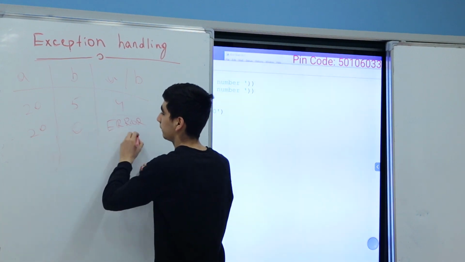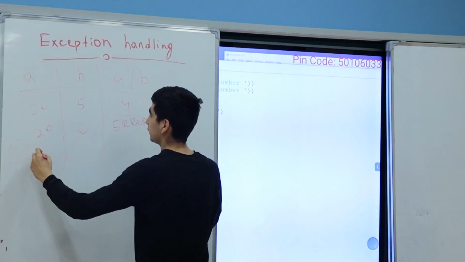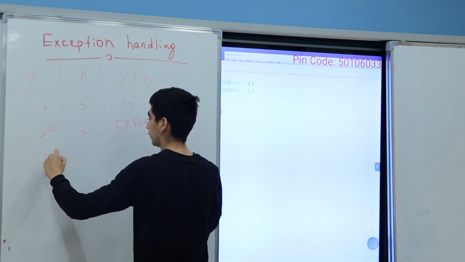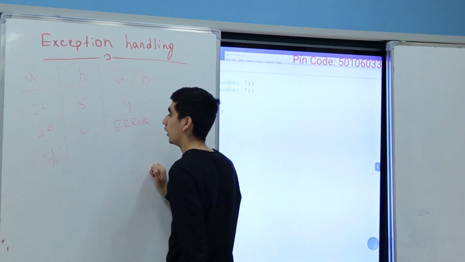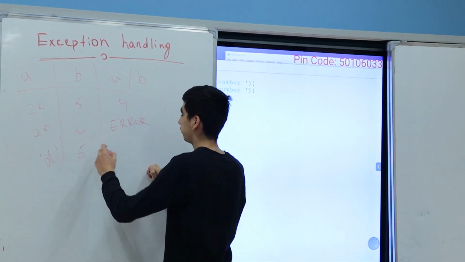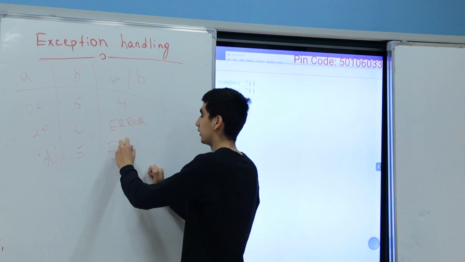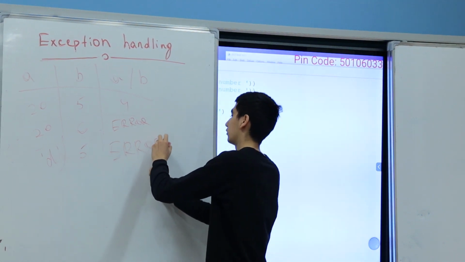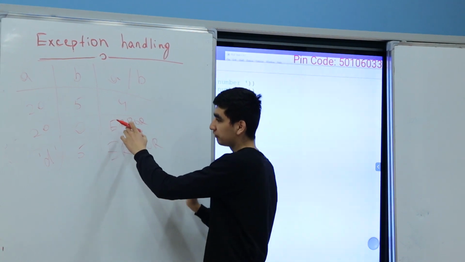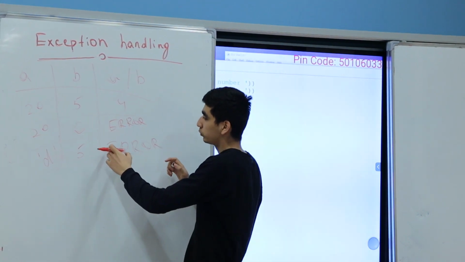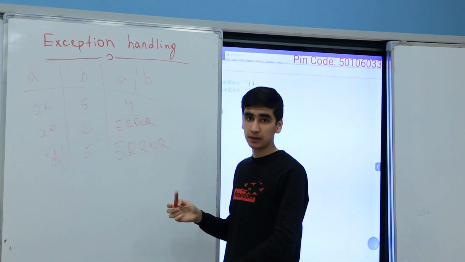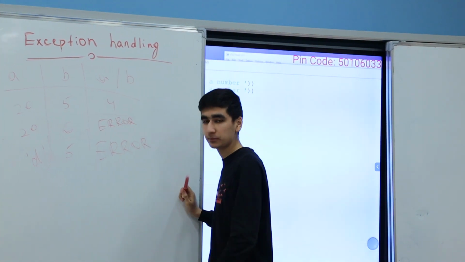Also, if A is a string, any letter, and we divide by 5, it will also raise an error. We also can specify for which type of error it can output any customized message.